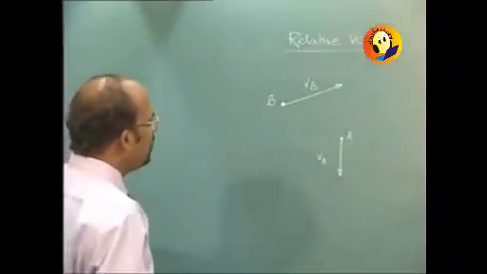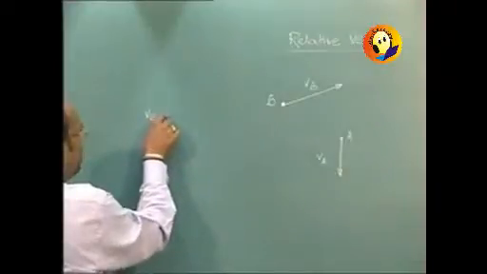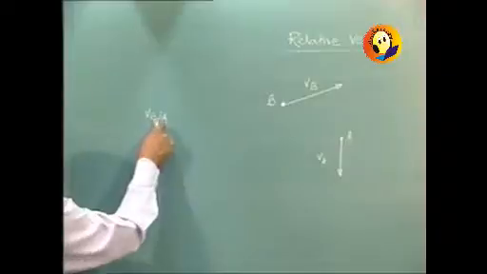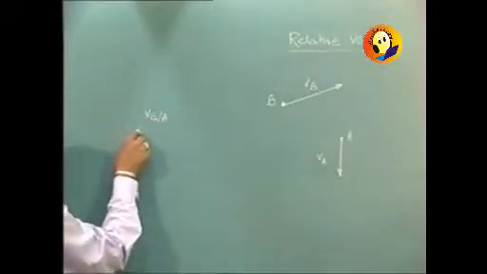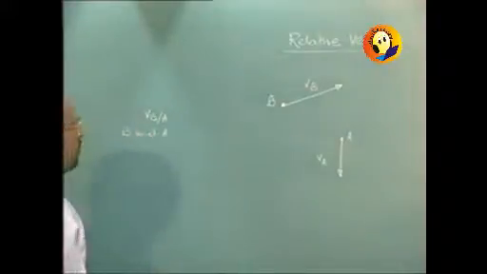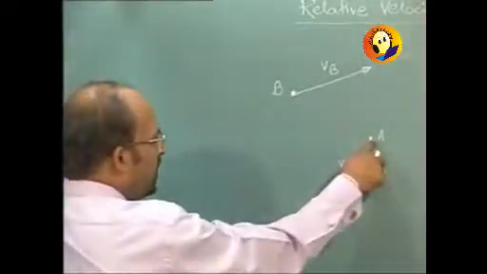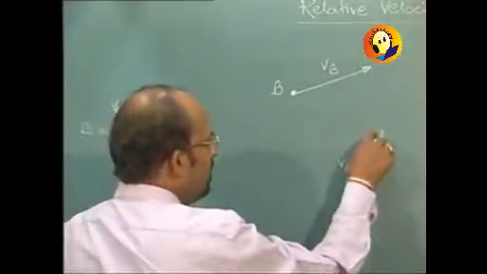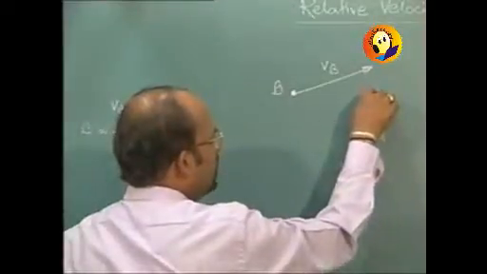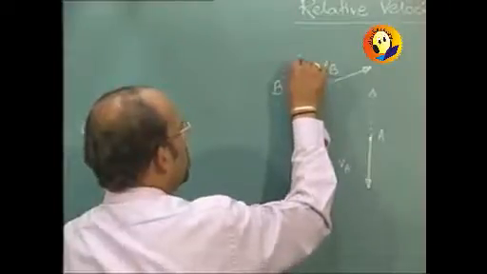Now, if we are required to find, say, velocity of B with respect to A, this should be read as B with respect to A. That means A should be made stationary. Now, if A is to be made stationary, then we will have to apply the velocity to A in the opposite direction, having the same magnitude, but the same velocity will be also applied to B.